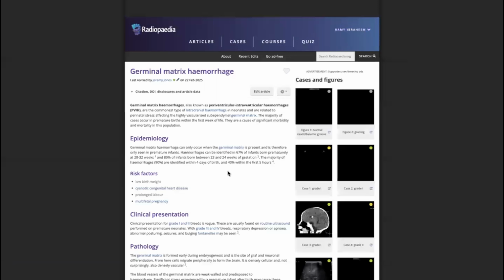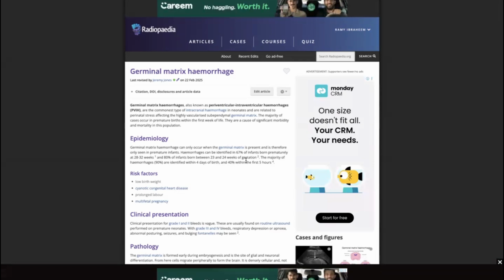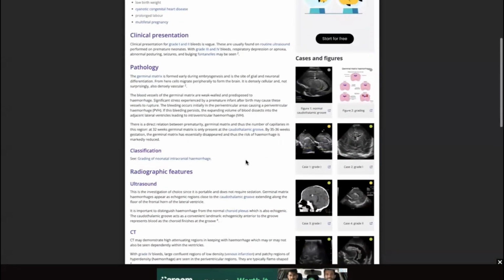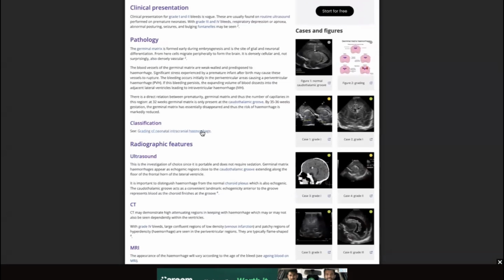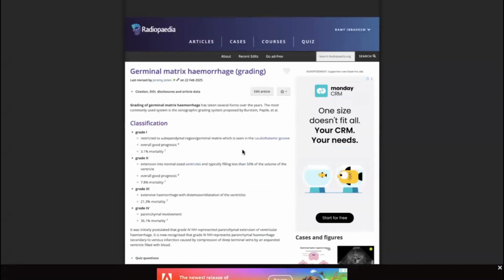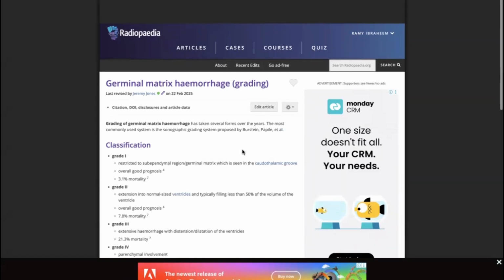Let's revise them again type by type because this is very important. The germinal matrix is at the caudo-thalamic groove, between the caudate and thalamus. Type 1 is restricted to the subependymal region in the caudo-thalamic groove.